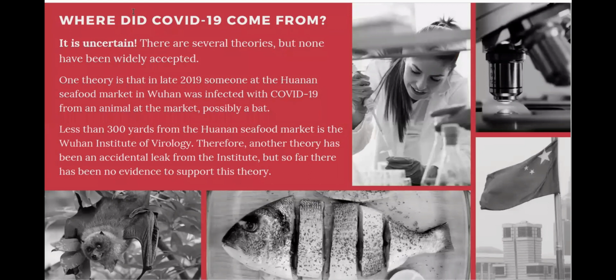Okay, where did COVID-19 come from? It is uncertain. There are several theories, but none of them have been widely accepted. The most prevalent theory is that in late 2019, someone at the Hunan seafood market in Wuhan was affected with COVID-19 from an animal at the market, possibly a bat.